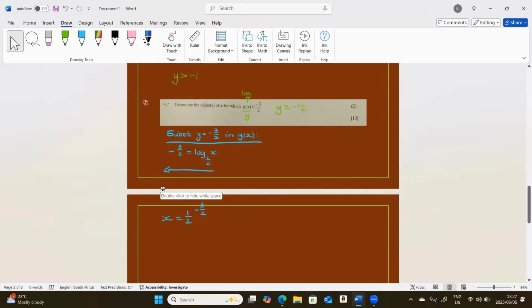This is rational exponents. You can just say a half to the power of -3/2 and you will get your answer in your calculator, which could either be 2,83 or you could have left it in surd form, which is 2 root 2, 2 square root 2.